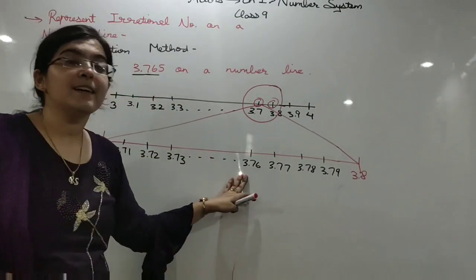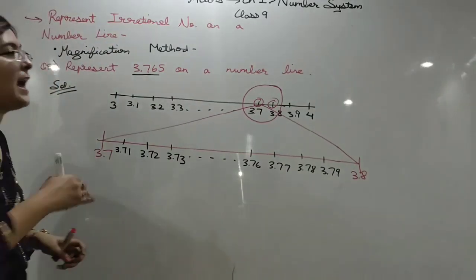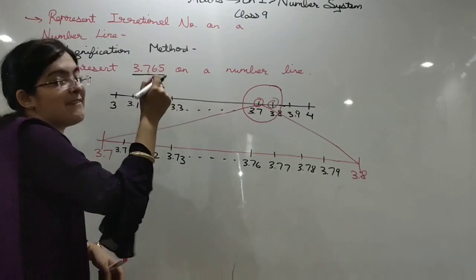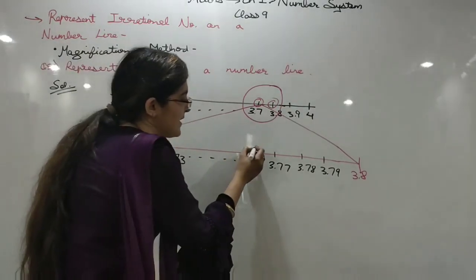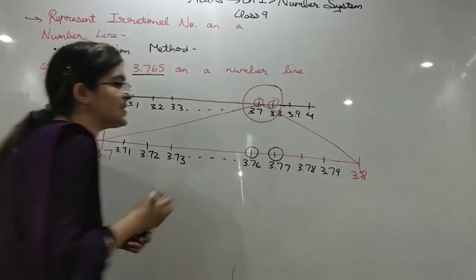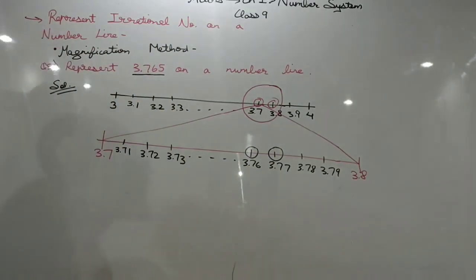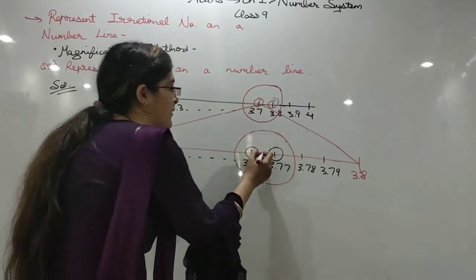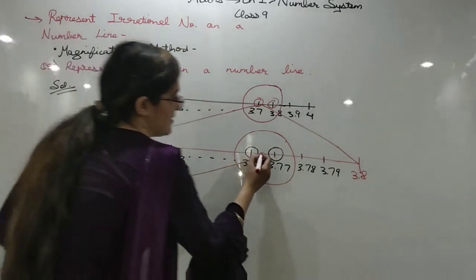Now see here. We are having 3.76. Now again move one digit. We are having 3.765. That means it will lie between 3.76 and 3.77. Are you able to understand? Now we will magnify this.